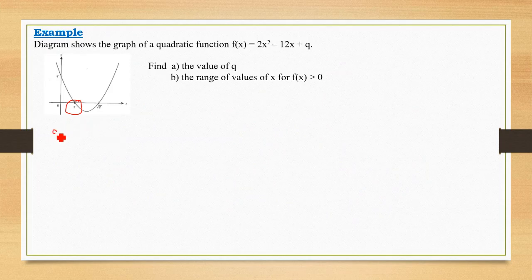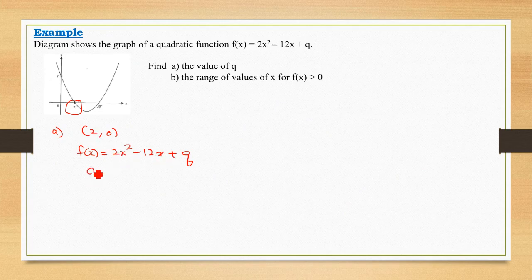So to answer part A, since (2, 0) is given to you, what this means is your x is 2 and your y is 0. So it must satisfy this quadratic function. Since f(x) is 2x squared minus 12x plus q, your y is also known as f(x). You replace it with 0. Your x, you replace it with 2.